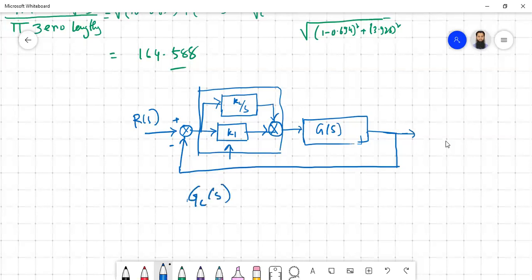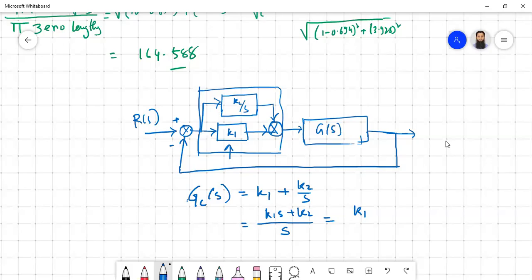If you do the calculation, what you are going to get is the compensator transfer function GC(S) equals K1 plus K2 by S. Now if you take common, what you get is S, then K1 S plus K2. So basically take common of K1.